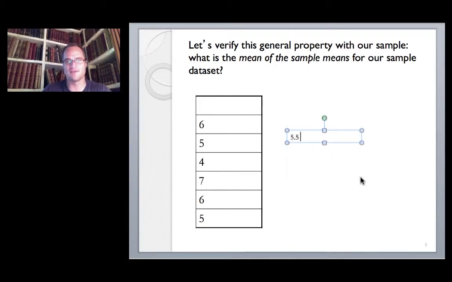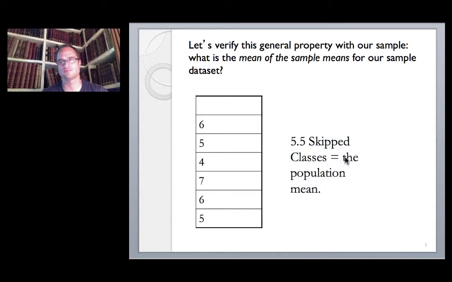So it's 5.5 skipped classes, which equals the population mean. So we verified that first property.